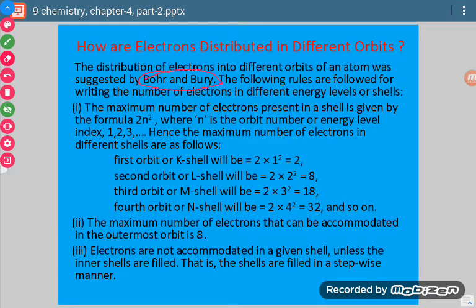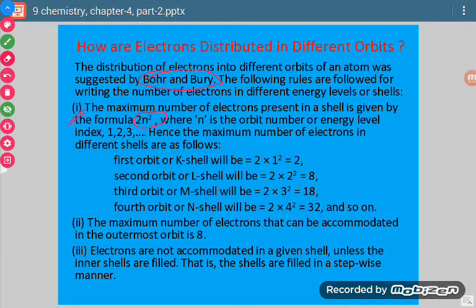And what are the rules? Very first, the maximum number of electrons which may be present in a shell is given by the formula 2n square. Okay, where what is n? N is 1, 2, 3, 4, or we can say K, L, M, N.